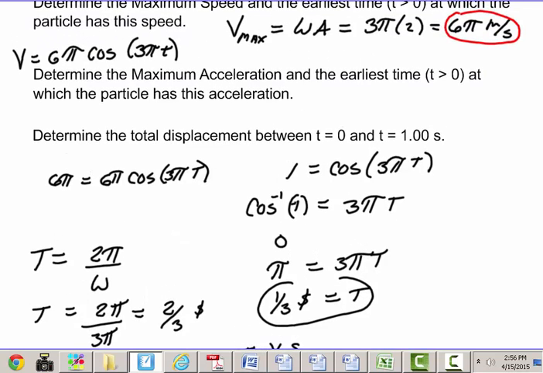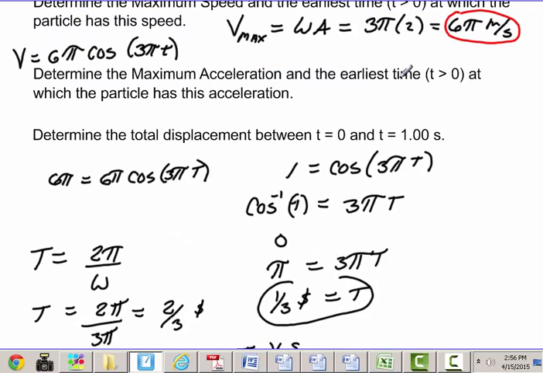Alright, let's look at the rest of this. Determine the maximum acceleration, and the earliest time at which this particle has its maximum acceleration. Well, we can go back and say omega squared times the amplitude will give me my acceleration. And we know, again, that's 3 pi squared times 2.